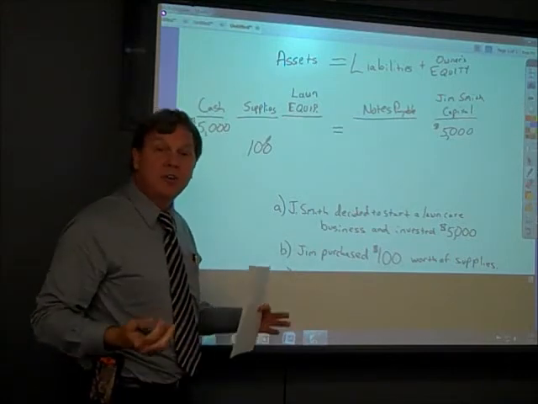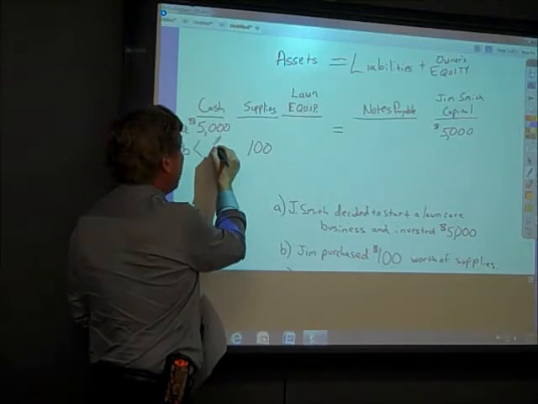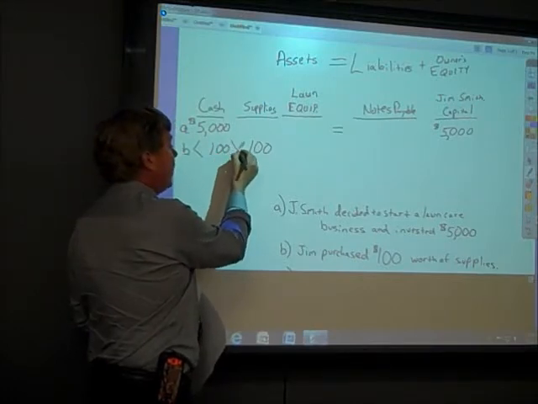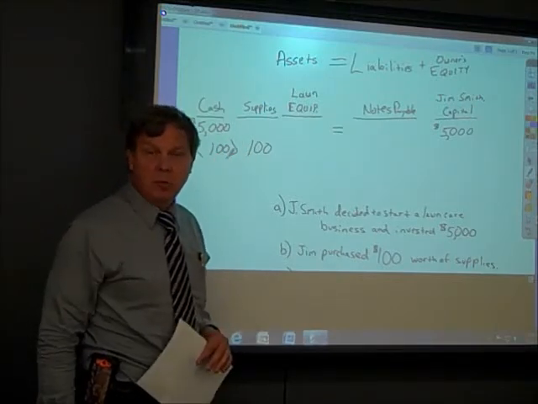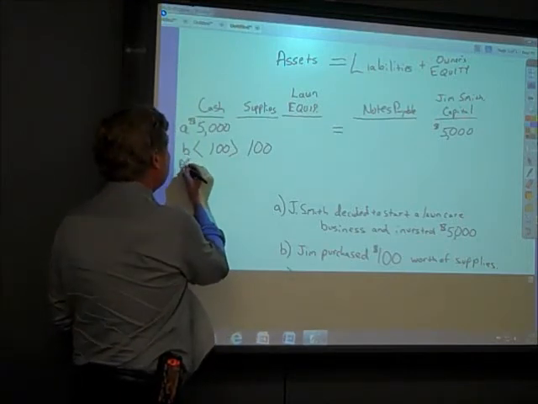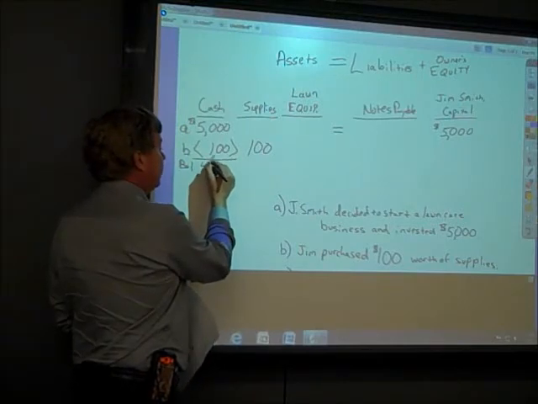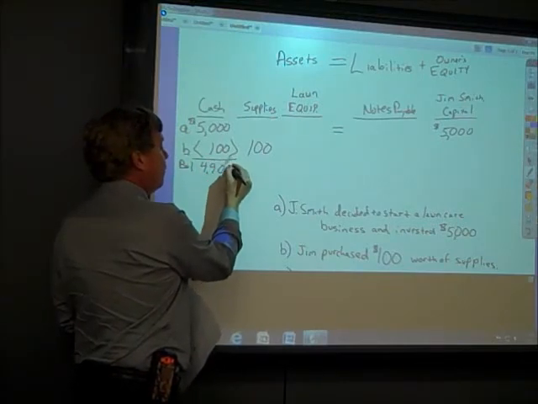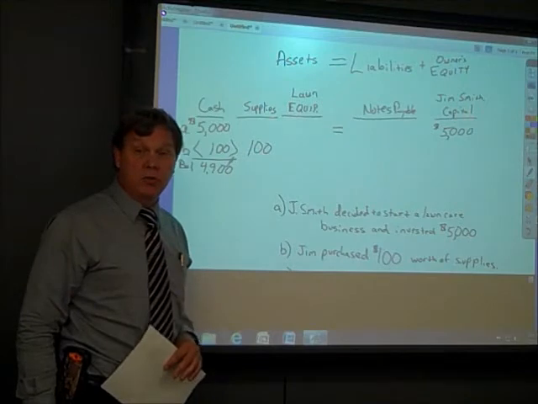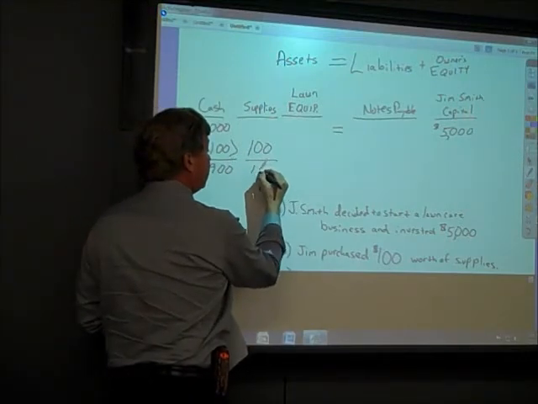It had to give up $100 worth of its cash. So I am going to show that by putting the $100 in brackets as a negative. And now I can come up with a balance amount of this account. Well, now I only have $4,900 worth of cash, but I have $100 worth of supplies.